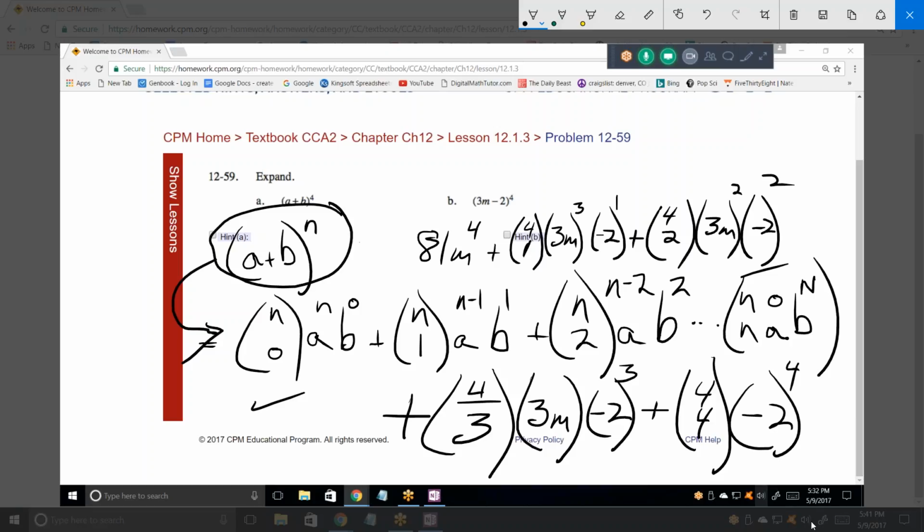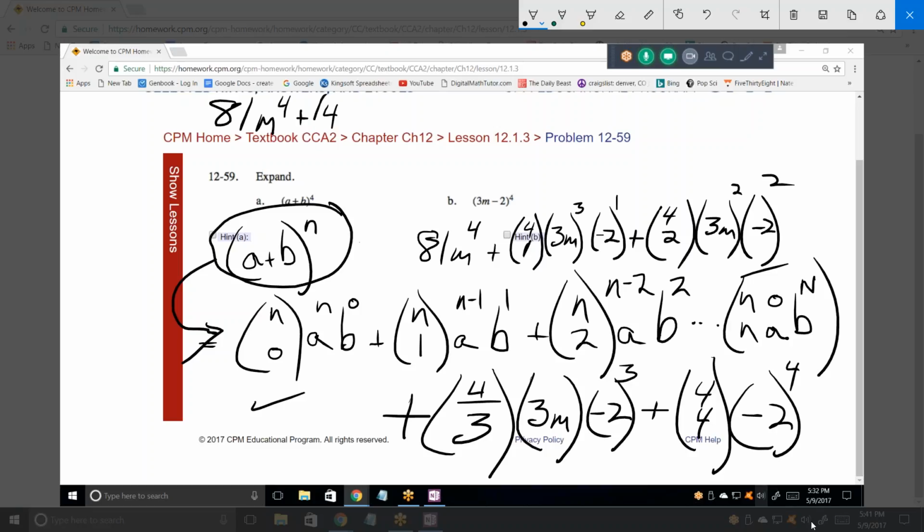Okay. Now, let's write the entire answer across the top, starting over here. In other words, what we've given them is just not quite a finished answer yet. So, what's the second term? What's 4 choose 1? 4.